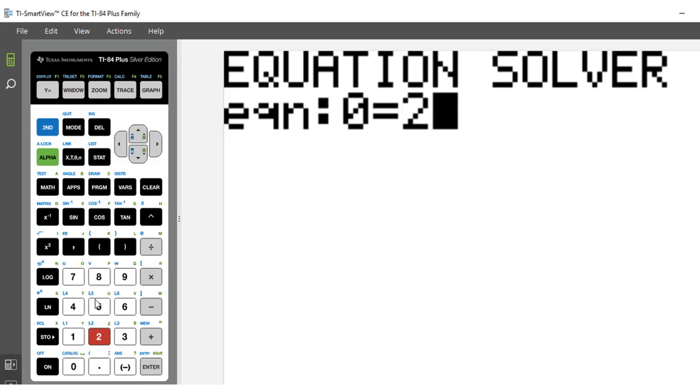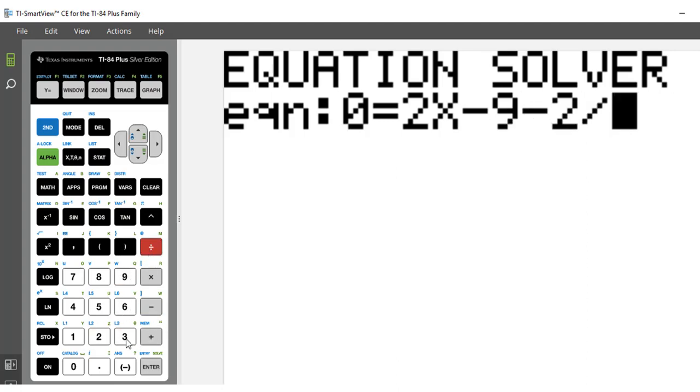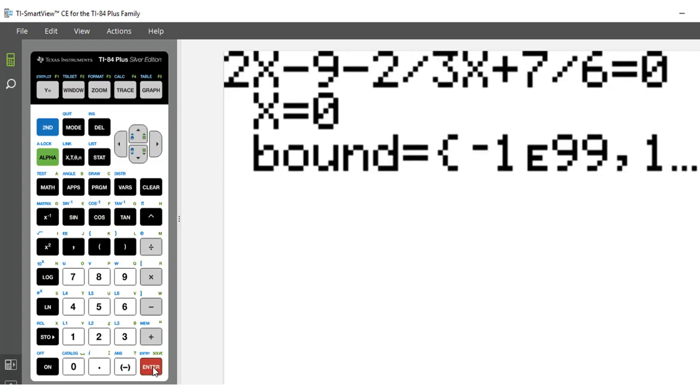You will get the 2x minus 9 minus 2 divided by 3x, then plus 7 divided by 6. Then you press enter.